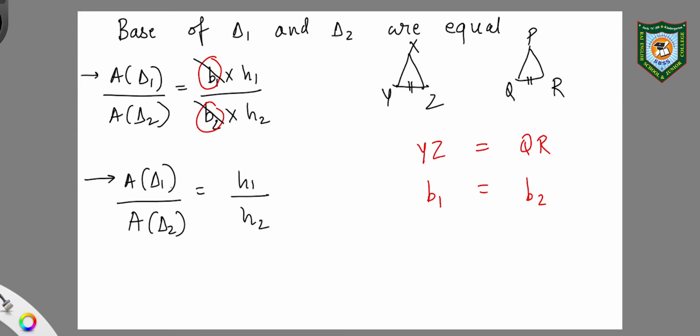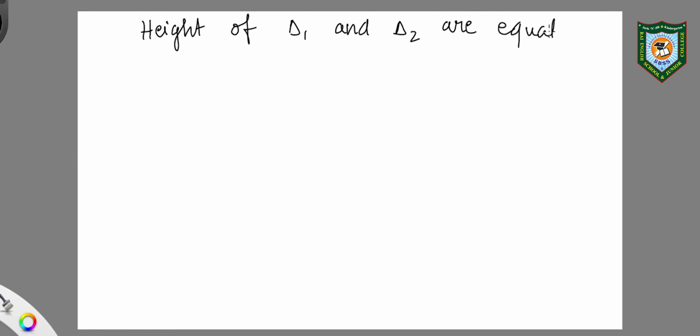Now, as the bases of two triangles can be equal, in a similar case, the heights of the two triangles can also be equal. So let's say the heights of triangle 1 and triangle 2 are equal. Again, we use the formula that we obtained from our third slide.